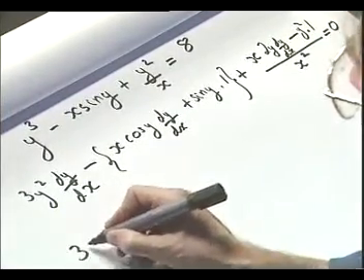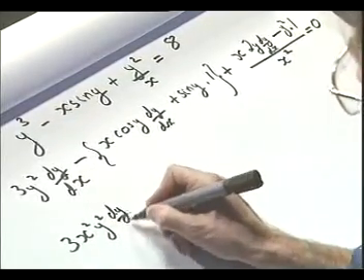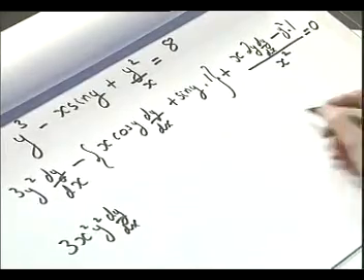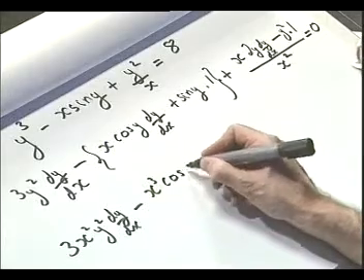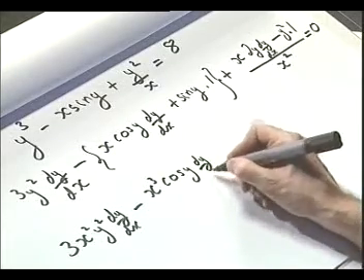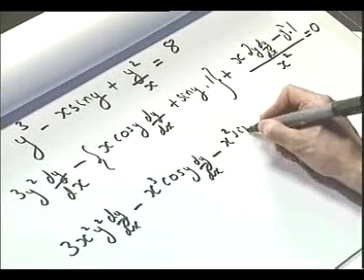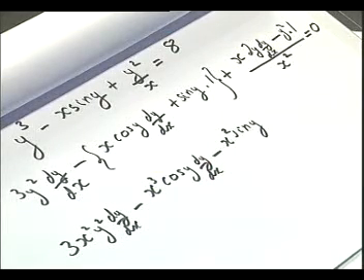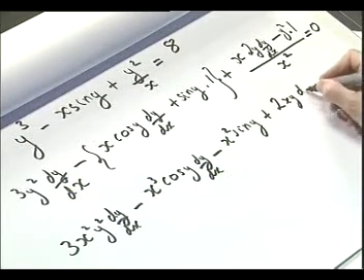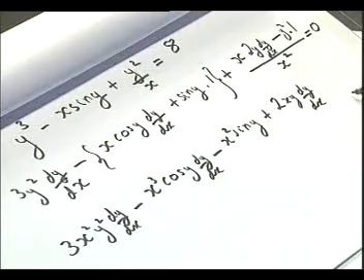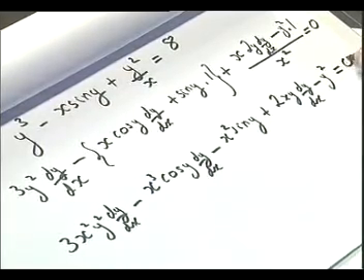So this will be 3x squared y squared dy by dx minus x cubed cos y dy by dx minus x squared sine y plus 2xy dy by dx minus y squared equals 0.